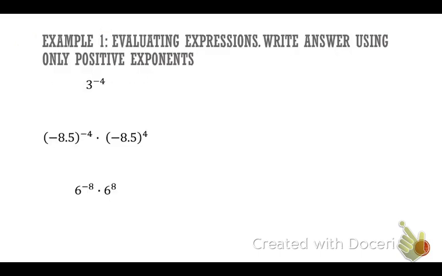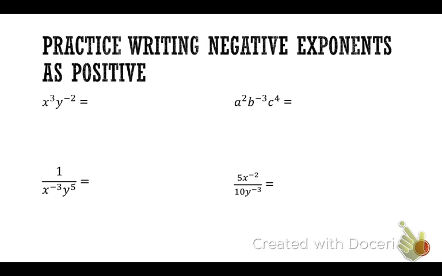Now I want to show you, oh wait, I skipped one. Now I want to show you a couple. Again, I'm still practicing writing negative exponents as positive. But now in these 4 problems, what we see are multiple variables or multiple terms within an expression raised to an exponent.